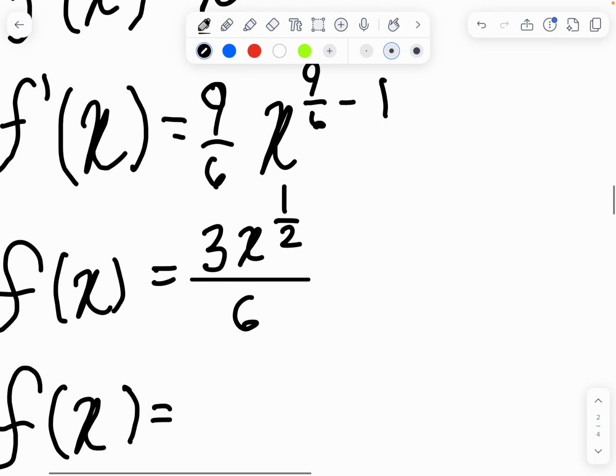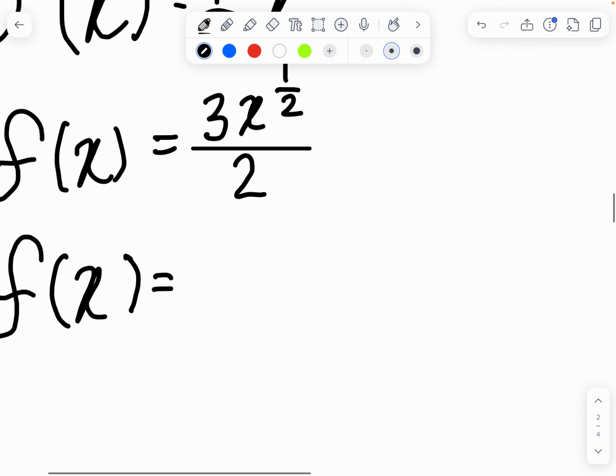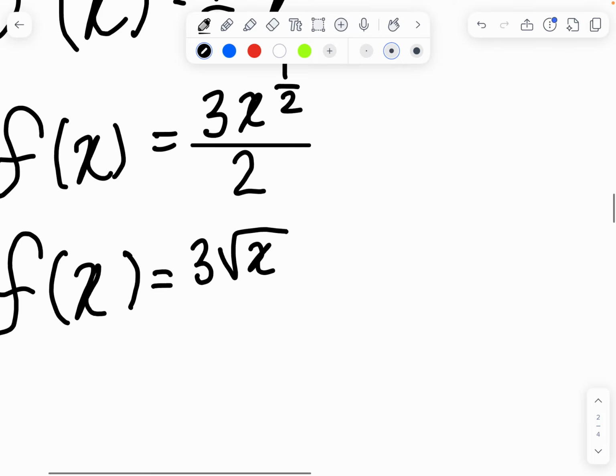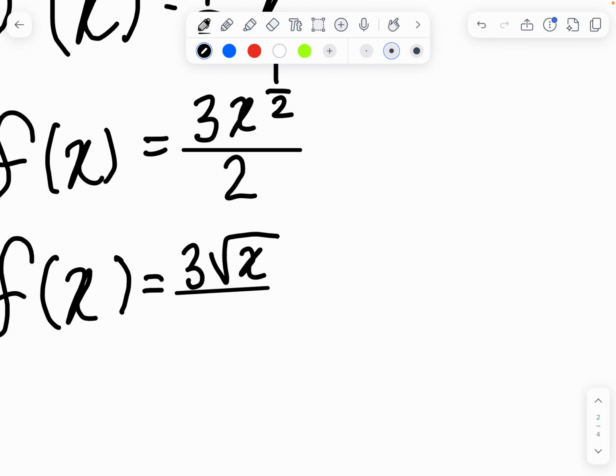Oh, and I remember this has to be simplified. And depending on your teacher, that might be the answer, but 3 root x over 2.